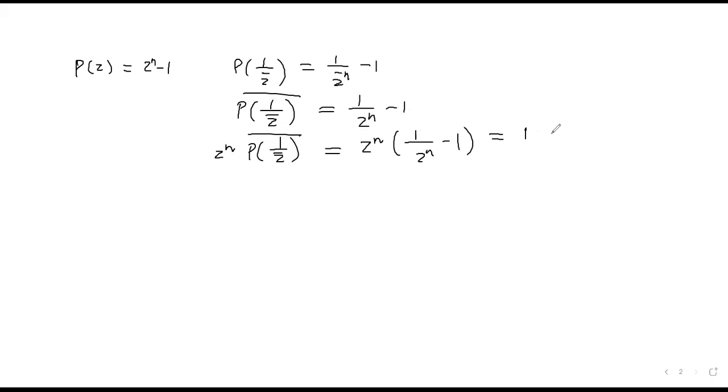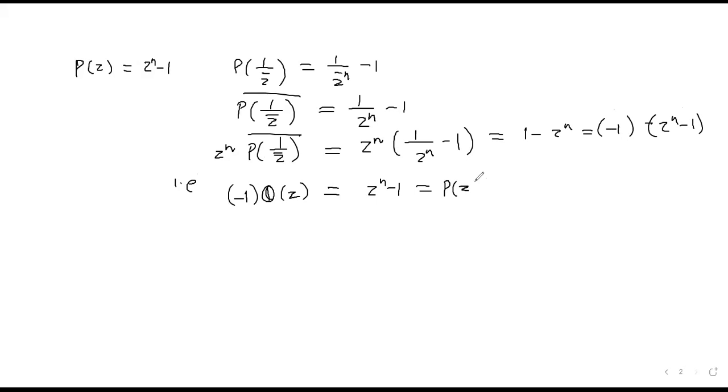That would be 1 minus z raised power n, which is minus 1, into z raised power n minus 1. That is q of z multiplied by minus 1. ये अपना q of z है. अगर मैं दोनों side से multiply में minus 1 करूं तो ये बन जाएगा z raised power n minus 1. That's p of z. So we have p of z is equal to minus 1 into q of z, where of course modulus of minus 1 is equal to 1. So it is a self-inversive polynomial.